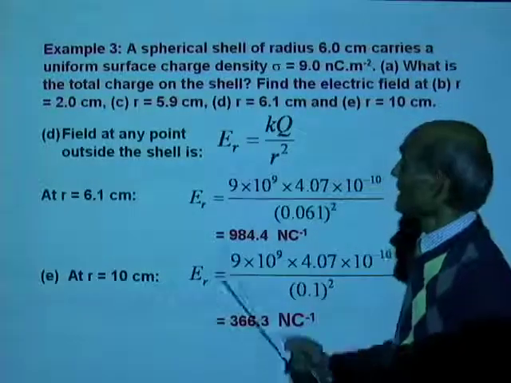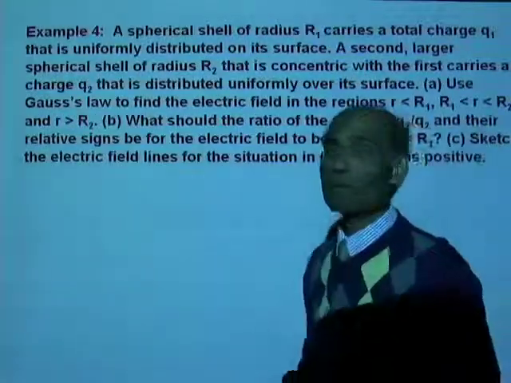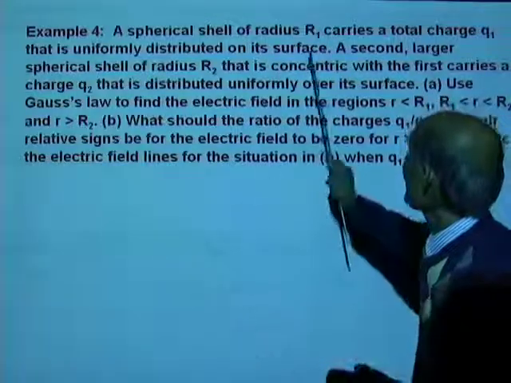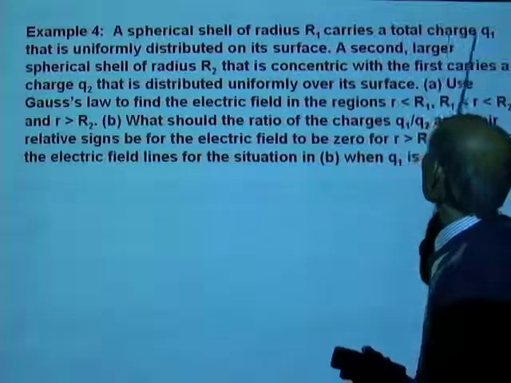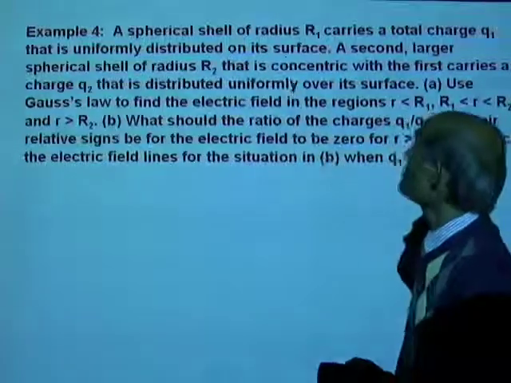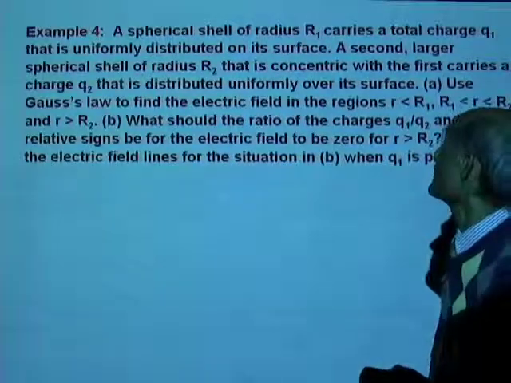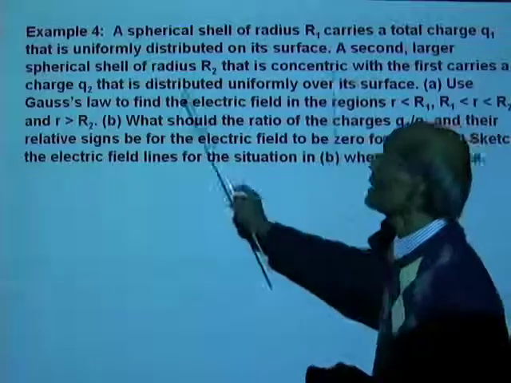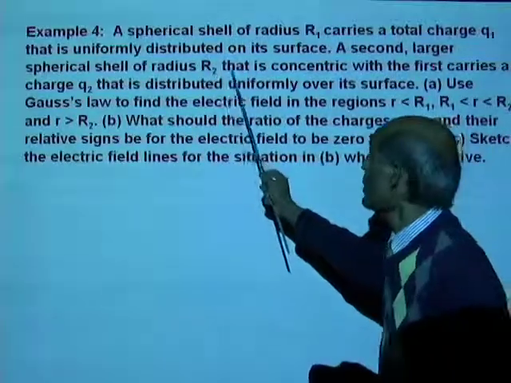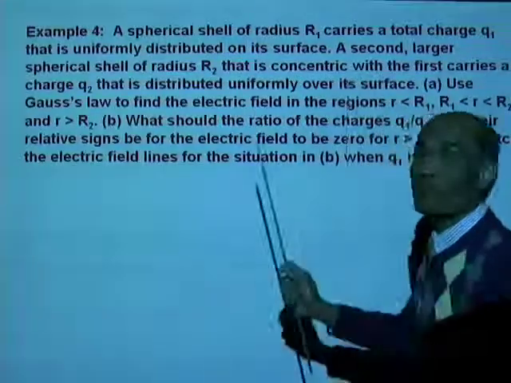Alright, let's look at another problem. A spherical shell of radius R1 carries a total charge Q1 that is uniformly distributed on its surface. A second larger spherical shell of radius R2 that is concentric with the first.